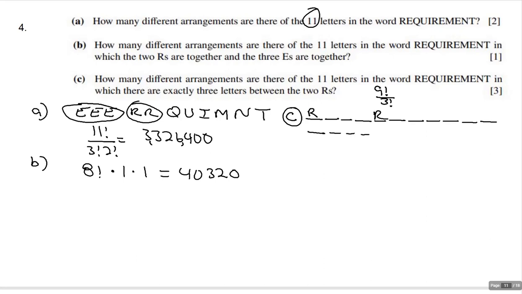1, 2, 3, 4, 5, 6, 7, 8, 9, 10, 11. If the R is not in the first place, where else could it be? The second place. What's going to happen is I'm just going to go systematically. Again, 3 empty spaces, 1, 2, 3.